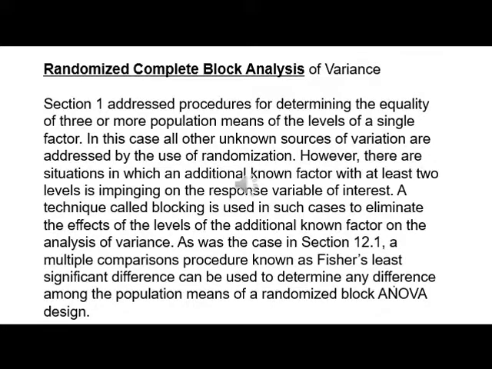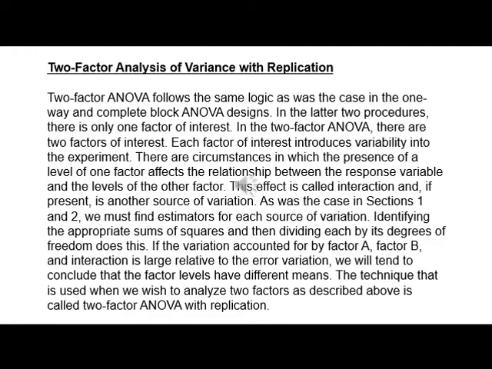Two-factor analysis of variance with replication. Two-factor ANOVA follows the same logic as was the case in the one-way and complete block ANOVA designs. In the latter two procedures, there is only one factor of interest. In the two-factor ANOVA, there are two factors of interest.